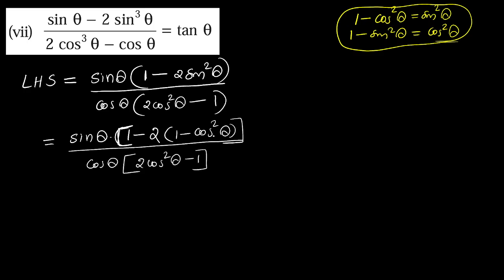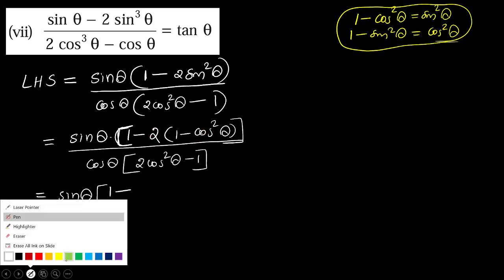So sin square is written as 1 minus cos square. I can open the bracket here. 1 minus, yes, minus 2 is taken inside the bracket. Samruddhi, you finished? Okay, very good.